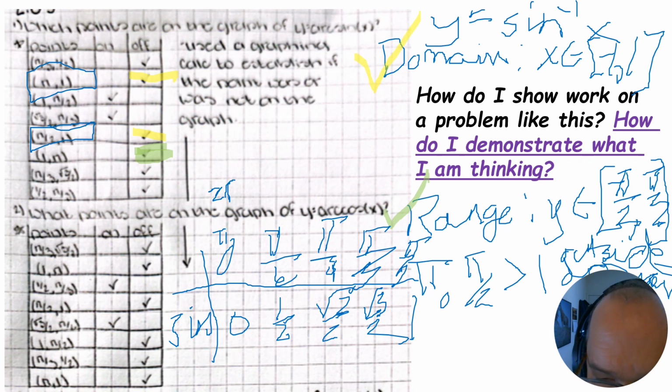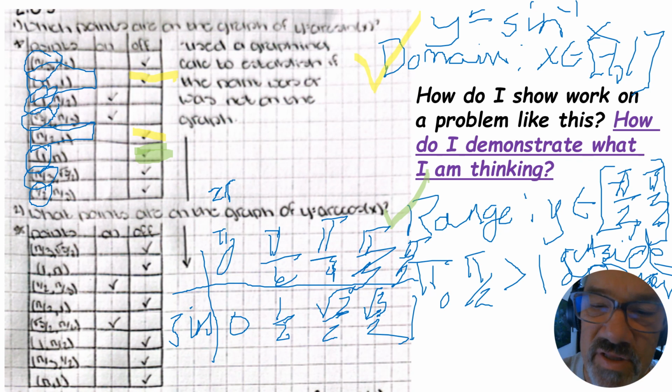So I'm looking at domain values, and the domain values I'm looking at are this pi over 2, this 1, this pi over 2, this 1, oh, we threw that one out, excuse me, this pi over 3, and this 1/2.